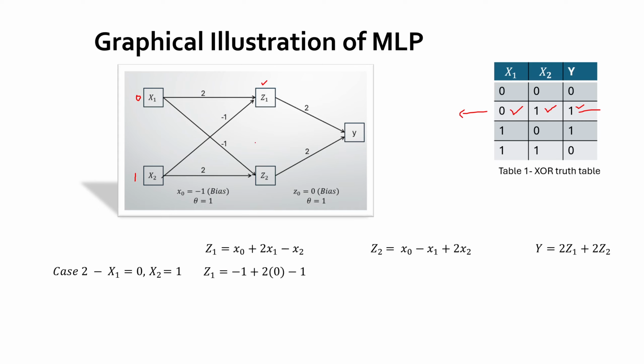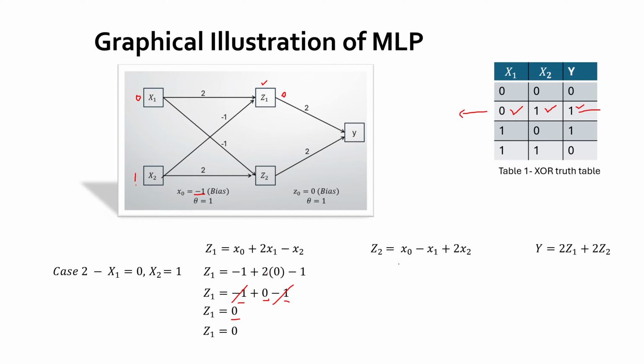We put in the values: 2 multiplied by 0 is 0, and minus 1, which gives -1, and the bias is -1. So we get a value of 0 and the threshold theta is 1. Again the calculated weighted sum is less than the threshold, therefore this node will output a value of 0.